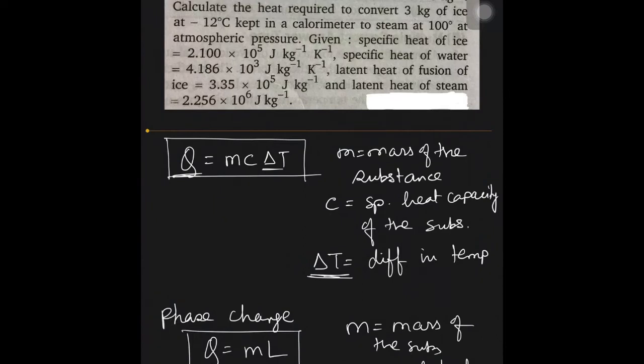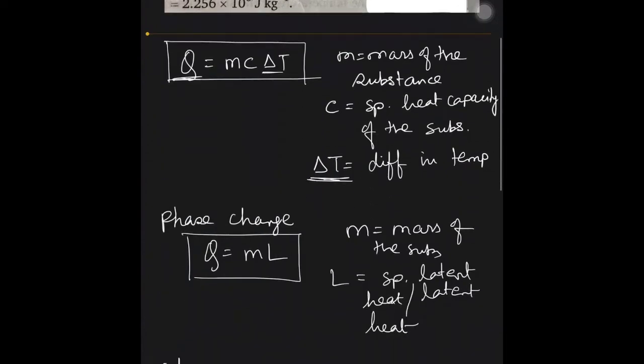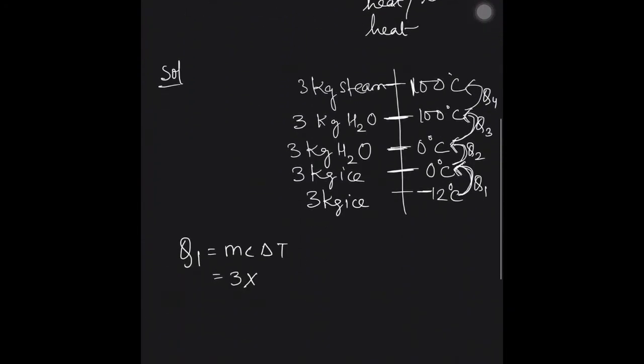Specific heat capacity of ice is 2.100 into 10 to the power of 5, and delta T of course is difference. 12 minus 0, you'll get 12. So let's do this calculation. 3 into 2.100 into 10 to the power of 5 into 12.